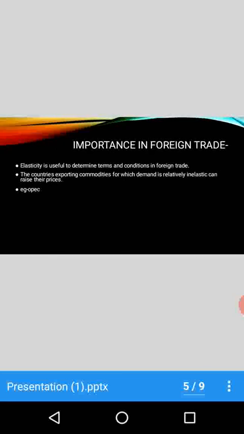Then how is the concept of elasticity of demand helpful to decide terms and conditions and formulate policy of export and import? Here is one example. The countries exporting commodities for which demand is relatively inelastic can raise their prices.